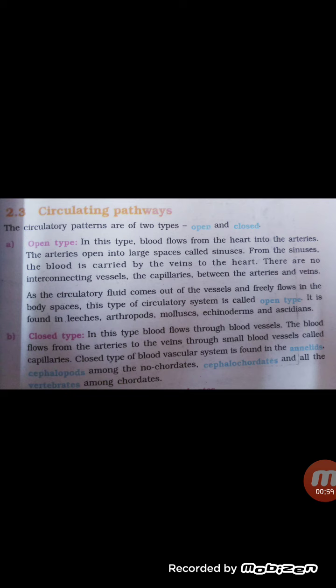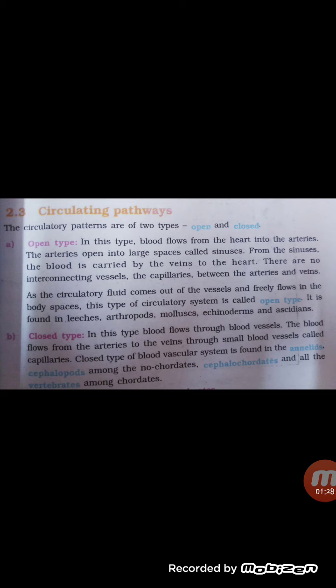There are no interconnecting vessels, the capillaries, between the arteries and veins. As the circulatory fluid comes out of the vessels and freely flows into the body spaces, this type of circulatory system is called open type. It is found in leeches, arthropods, molluscans, echinoderms and ascidians.